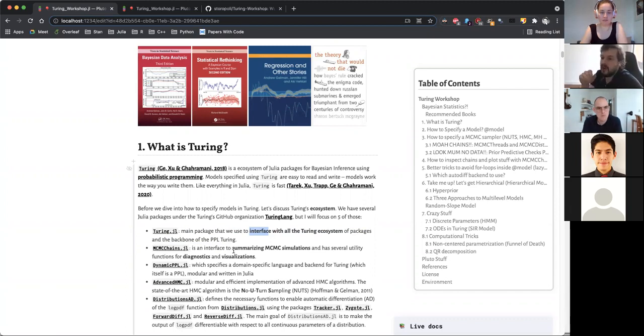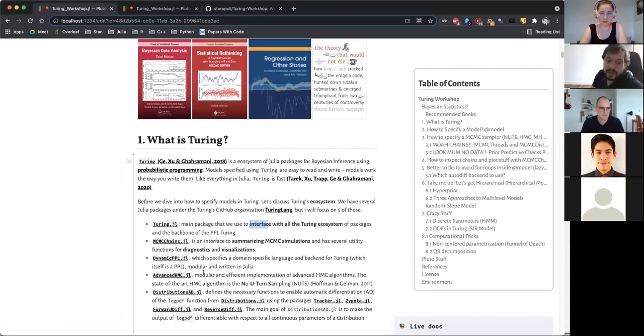They have a very nice type called the chains object that you can do all kinds of things with, and it's a very nice interface. We have DynamicPPL, dynamic probabilistic programming language, which specifies the whole domain specific language for Turing. Turing also is a probabilistic programming language.